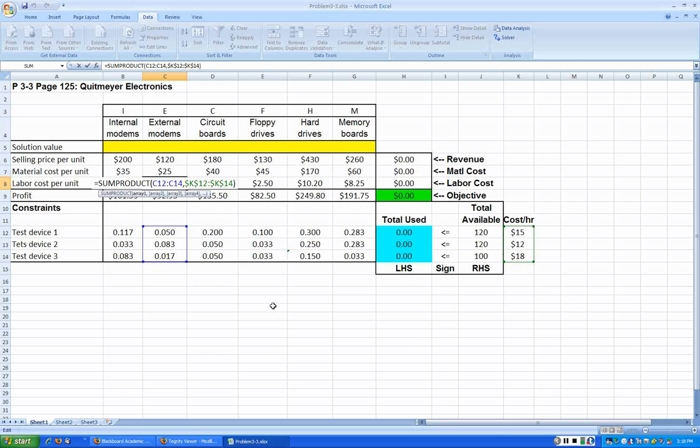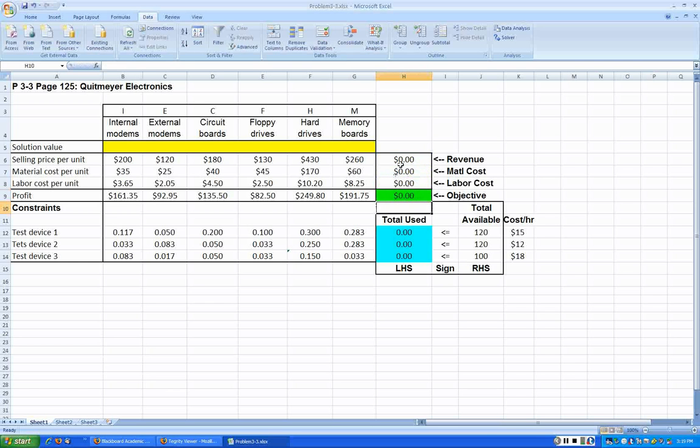What we want to do is maximize the total profit. Either you can multiply the sum product of this and the solution value, how many to produce. That's what we have been doing. Or you can do exactly how you do it in accounting: what is my total revenue minus the material cost minus the labor cost? That becomes the profit.